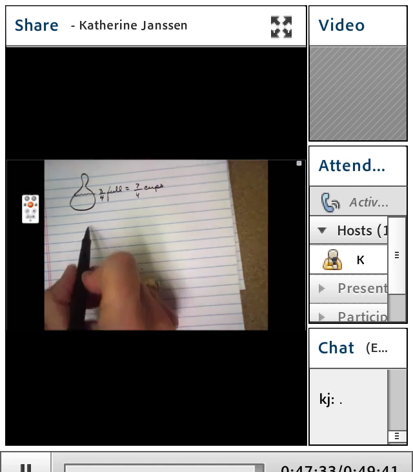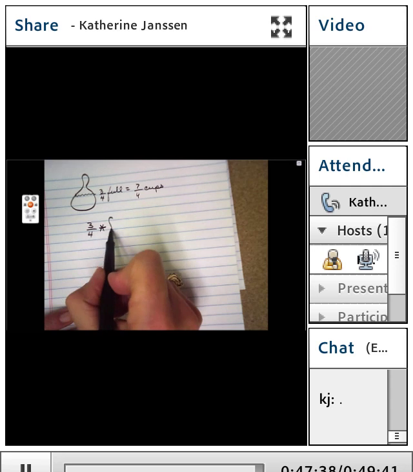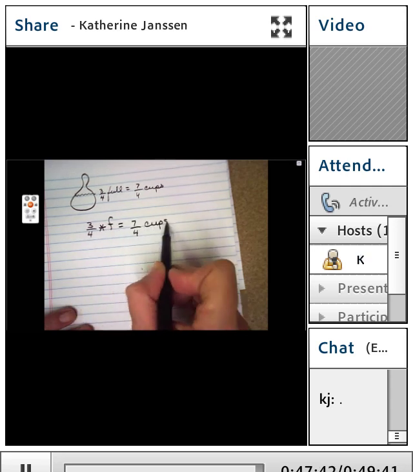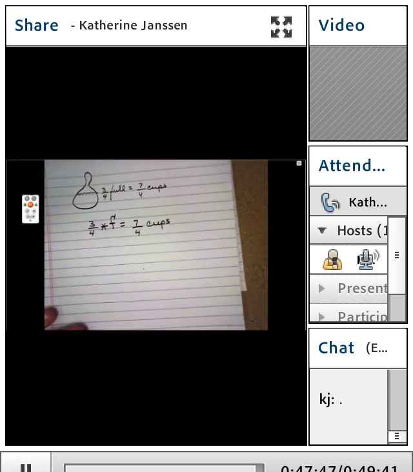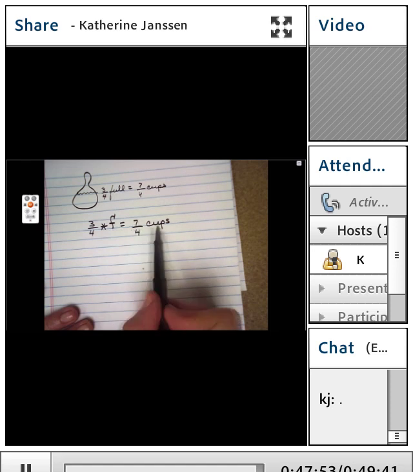So 3/4 times full is equal to 7/4 cups. We want to know how many cups are available when it's full. So 3/4 of, meaning multiplication, when it's full, is equal to 7/4 cups.